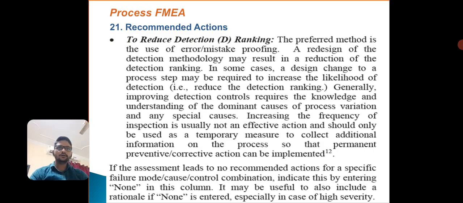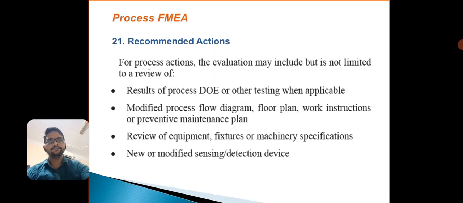If the assessment leads to no recommended action for a specific failure, cause or control combination, indicate this by entering none in the column. It may also be useful to include a rationale if none is entered, especially in the case of high severity.